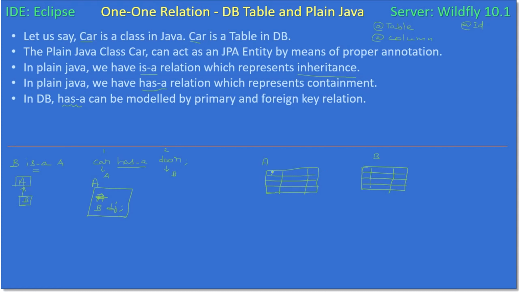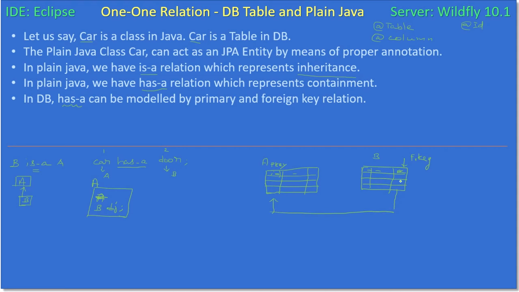Let's say in table A, this is the ID column, some other field, and in table B there are some other fields, and here is some column, let's say BC. This BC column can act as a foreign key, and this ID column will be the primary key, and this foreign key column will refer to the primary key column.